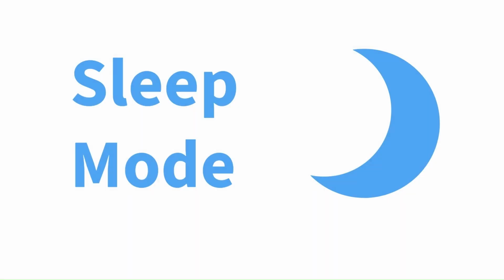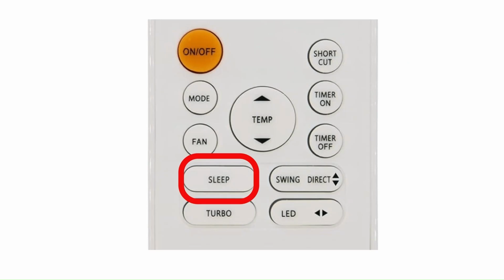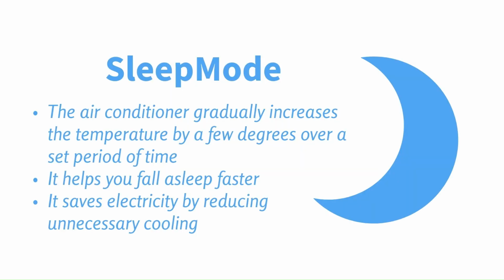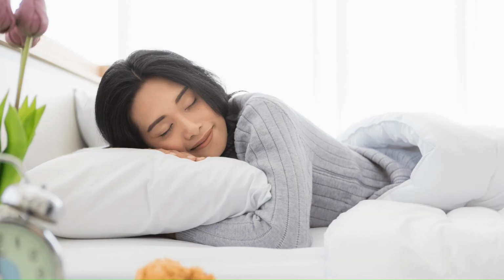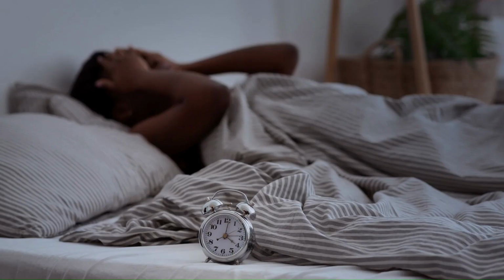Some remotes also have a sleep mode symbol, often shown as a crescent moon or a sleep button. This mode adjusts the temperature gradually for better comfort while you sleep. It's designed to match your body's natural cooling process and help you fall asleep faster.